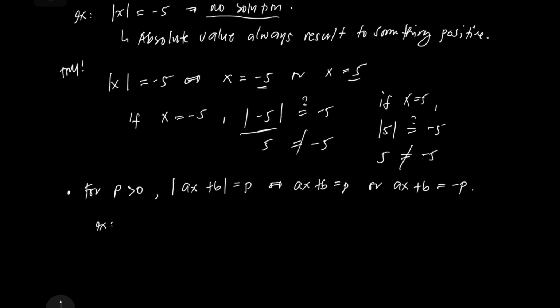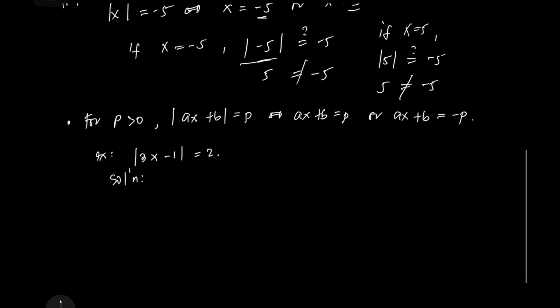Example: what is the absolute value of 3x minus 1 equated to 2? From our rule, the absolute value of 3x minus 1 equals 2 is equivalent to 3x minus 1 equals 2, or 3x minus 1 equals negative 2.